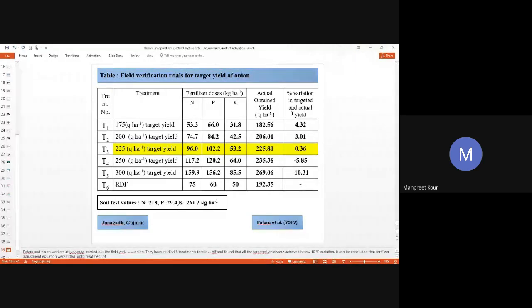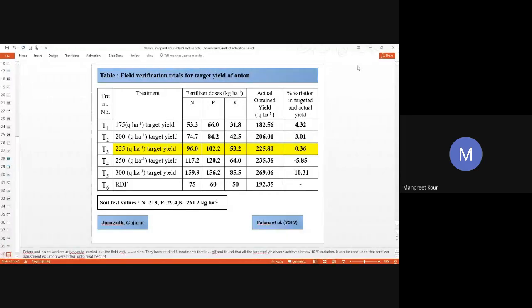It means we were successful in getting 225 quintal per hectare yield when applying the fertilizer dose 96, 102 and 53, and the soil test values have also been given here. So this soil test value recommendation has been given. First we have to set our target yield, then we have to set the equations and calibrate the equation, and then we have to go for validation. Next slide, please.